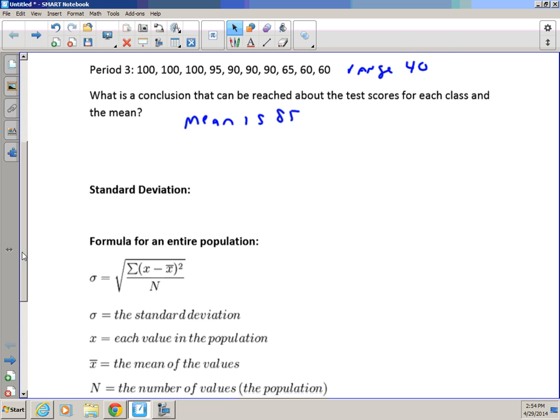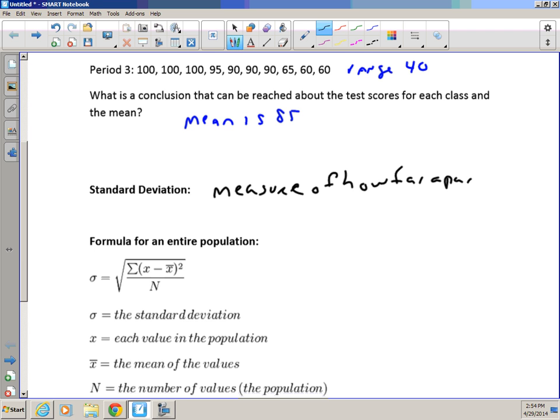So, as we've just said, the standard deviation is the measure of how far apart the individual scores are from the mean.